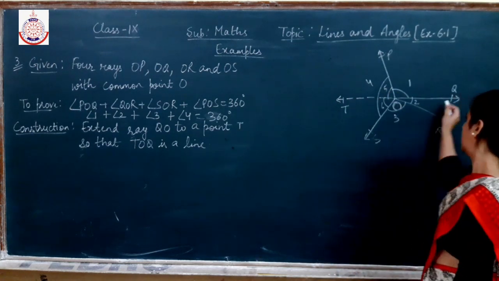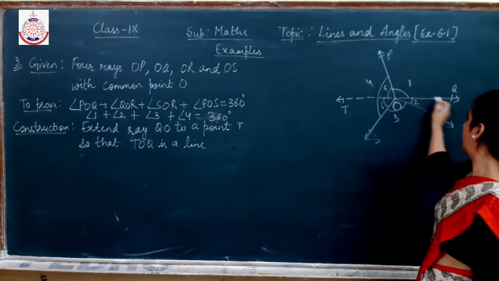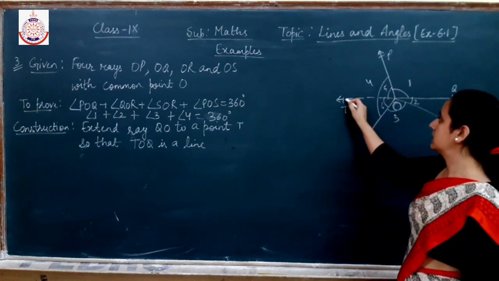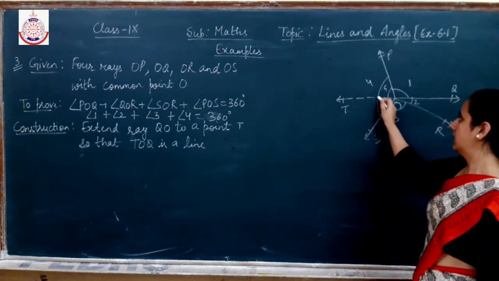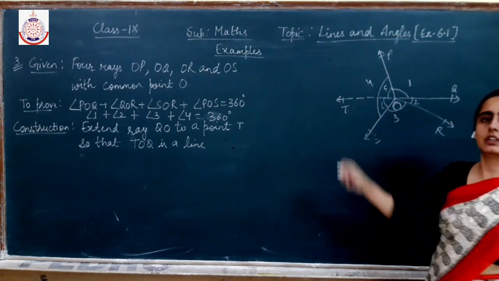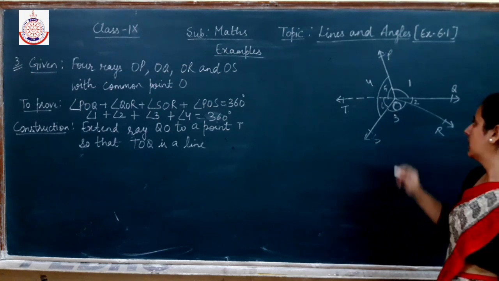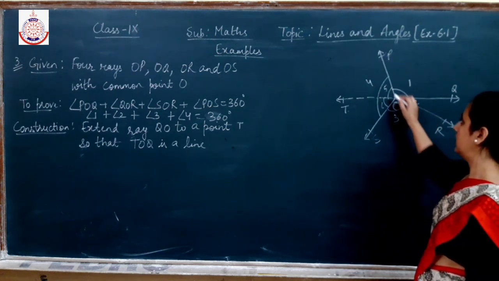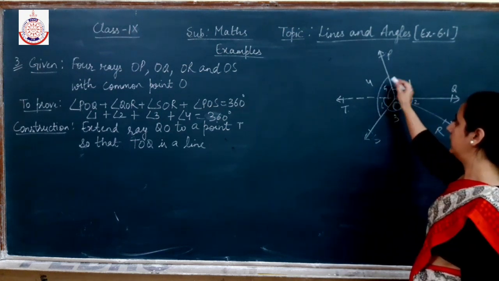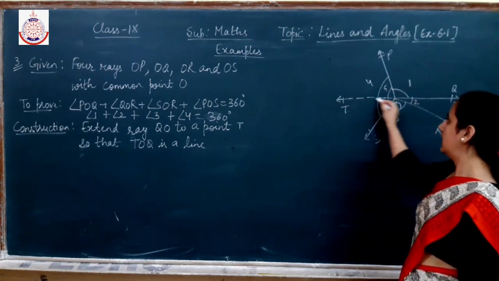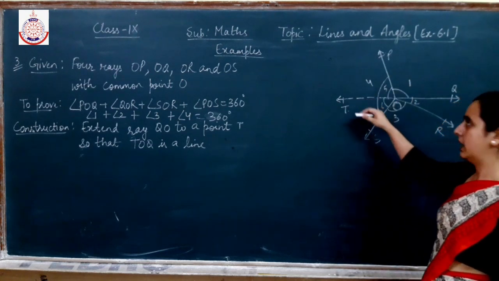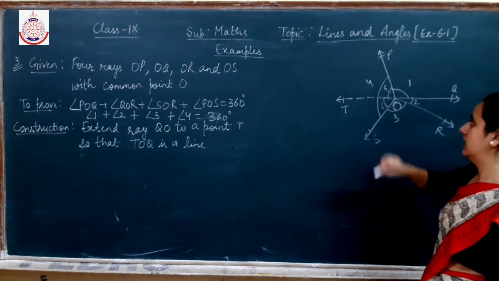This you will come to know with practice. So, I have extended this QO ray in the opposite direction up to point T. And construction we always show with a dotted line, so I have shown a dotted line here. Now this is angle 1, 2, 3, 4, and because this ray OT is dividing angle 4, I have taken these angles as 5 and 6.